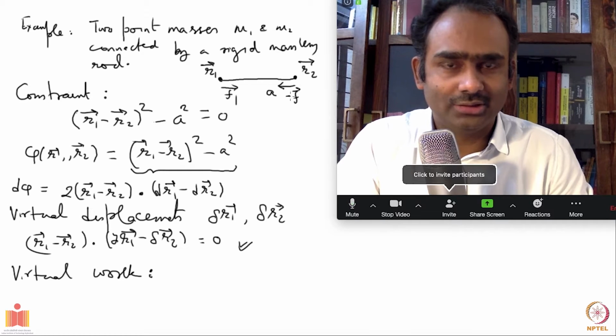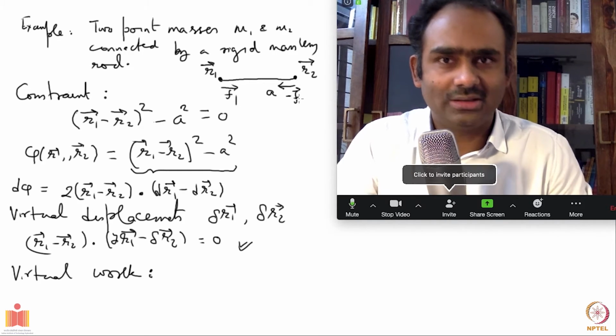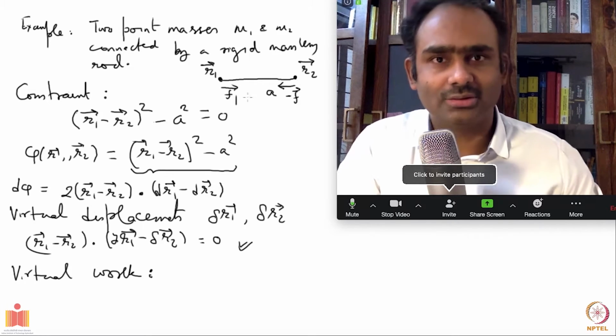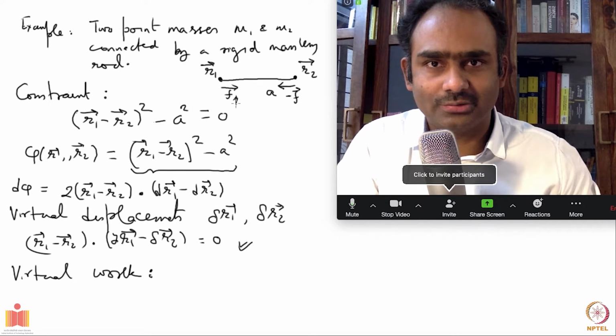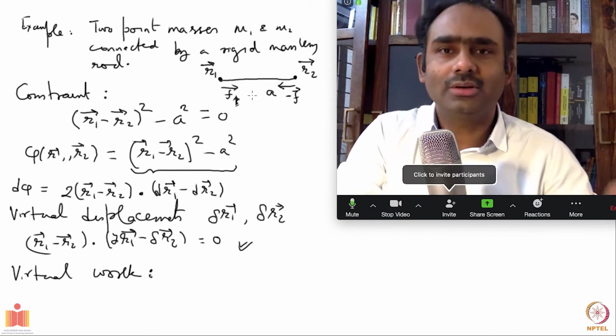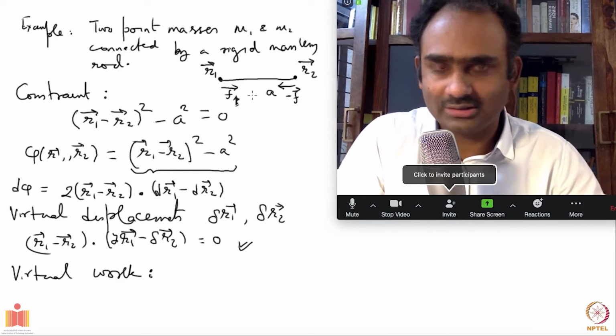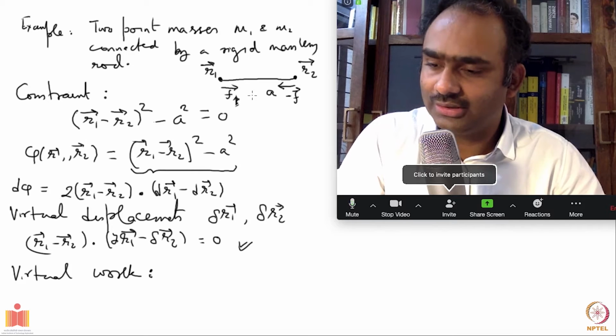So the force on 2 is minus F1. There is no need to put a 1 here, so I'll just remove the 1. So the force on R1 is F, the force on R2 is minus F. That's the situation you have here.